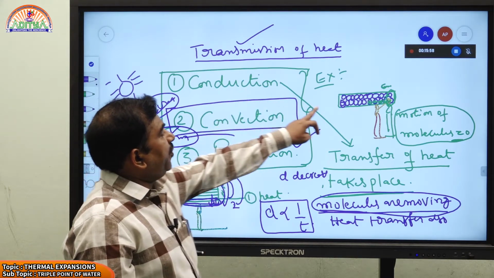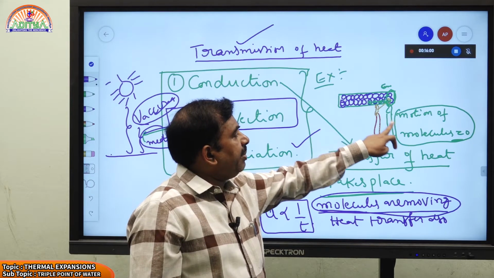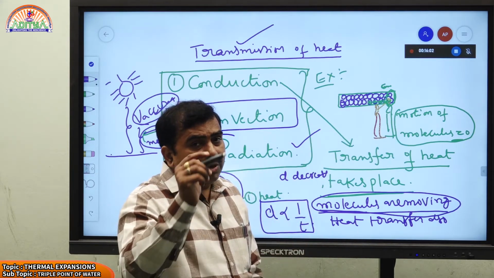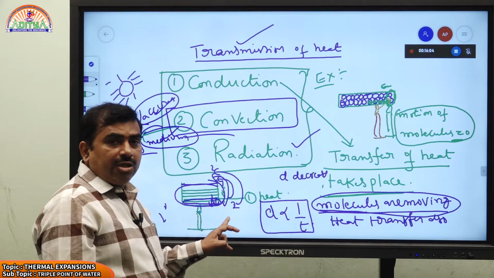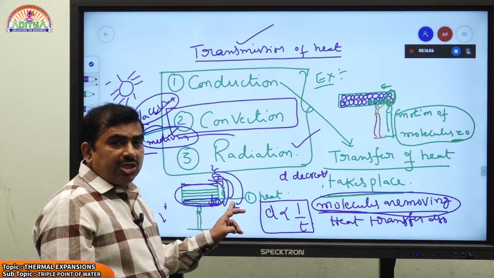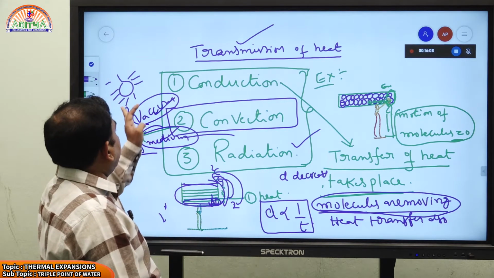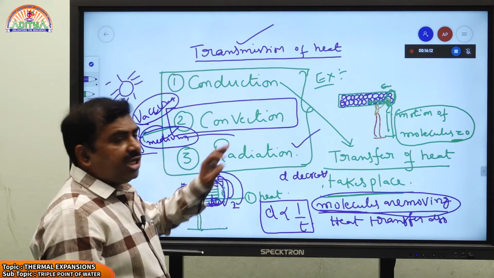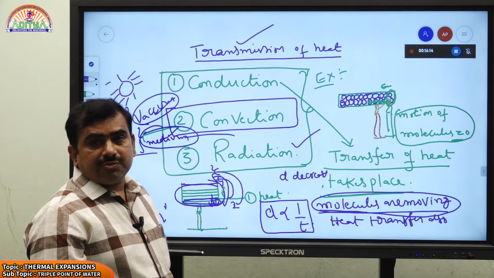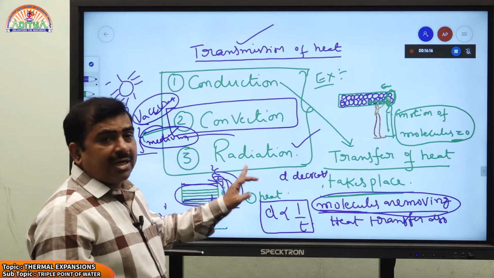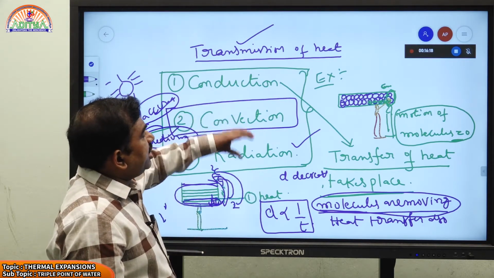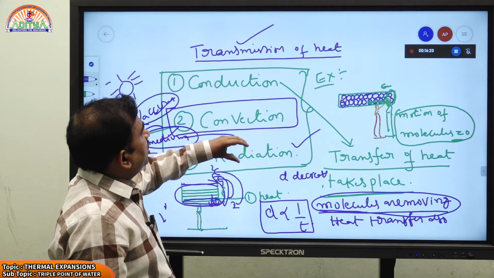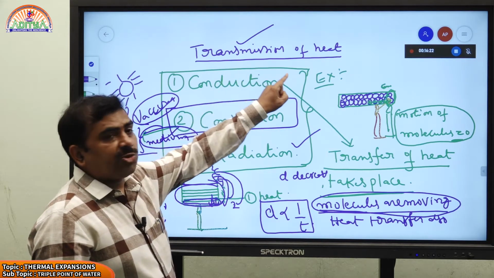The best example for conduction is the heating of a metal rod. The best example for convection is heating of water taken in a small vessel. Sun rays are the best example for radiation. Radiation deals with electromagnetic waves. These are the three different methods that we will study under transmission of heat.